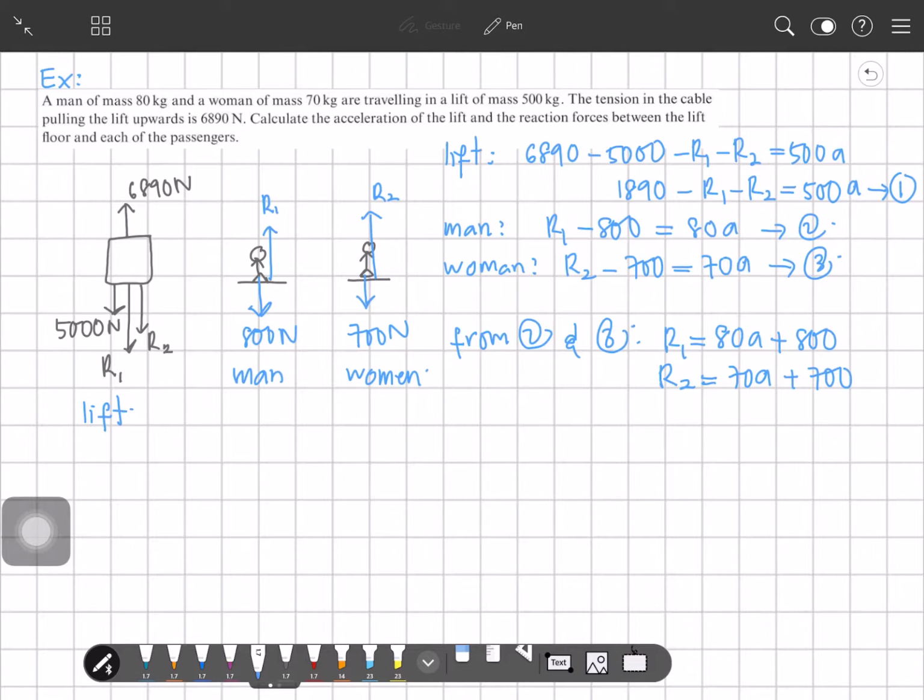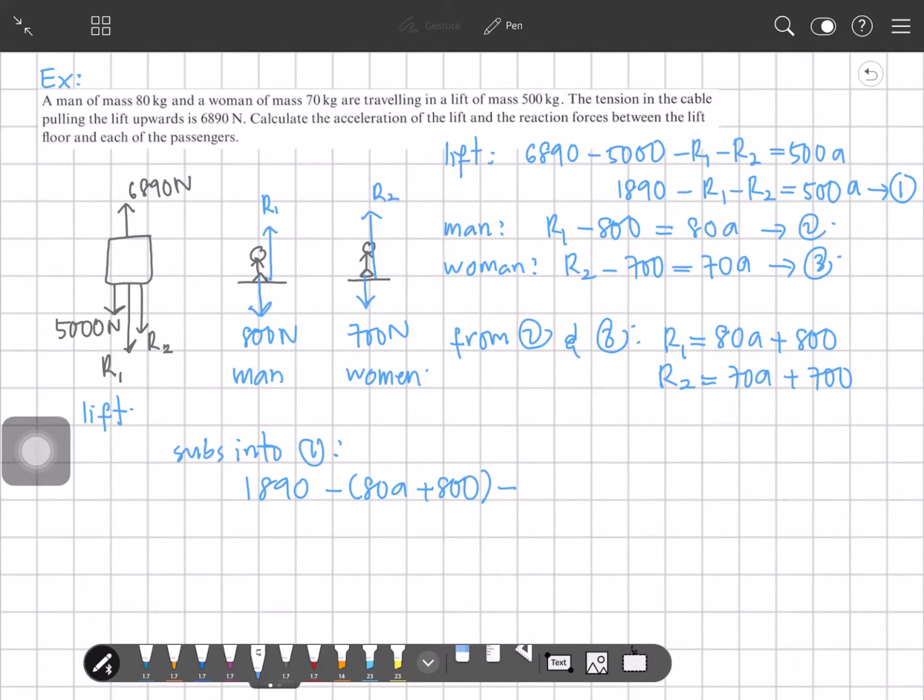To solve for acceleration and the reaction forces, we need to solve the simultaneous equations. Substituting the modified equations 2 and 3 into equation 1, we can solve for the acceleration. So we have 1890 minus (80a plus 800) minus (70a plus 700) equal to 500 multiplied by acceleration.